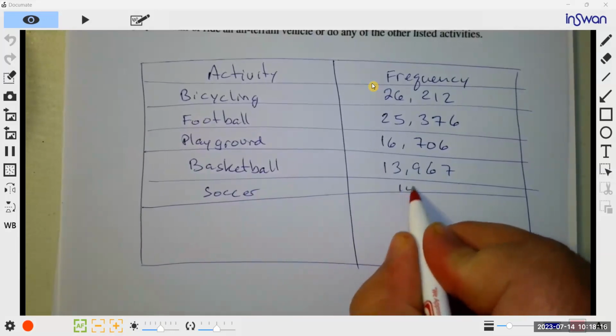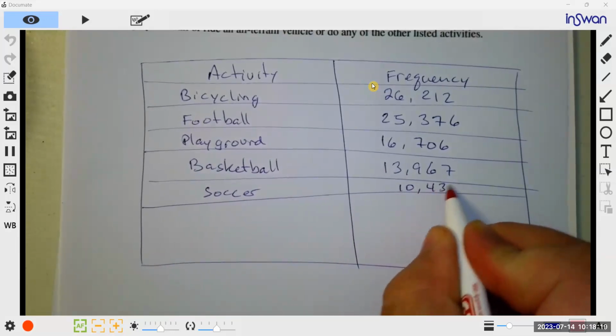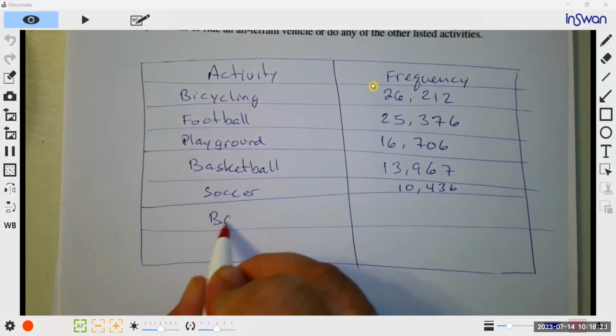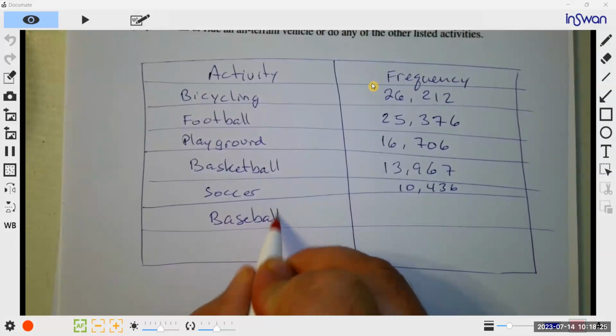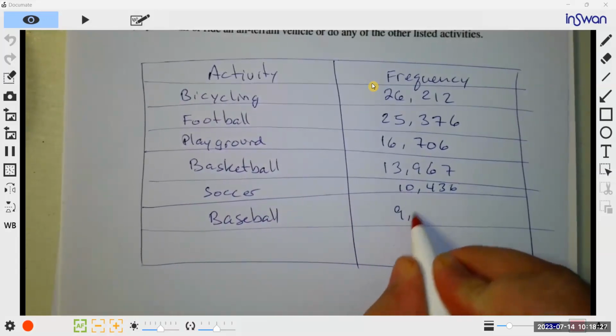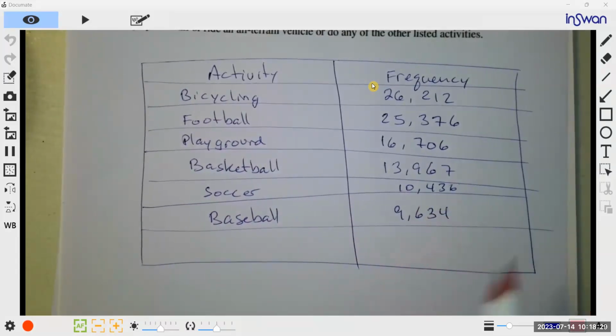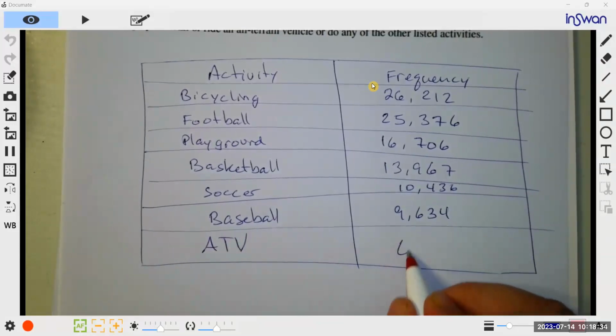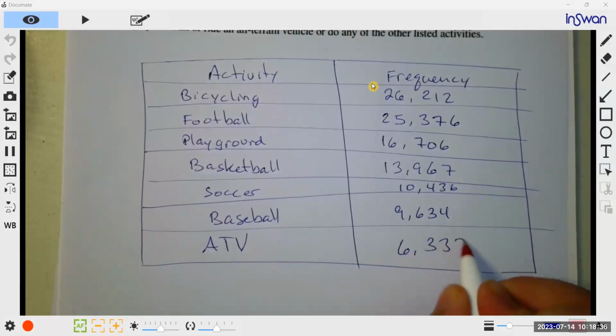Soccer at 10,436. Baseball at 9,634. And ATVs at 6,337.